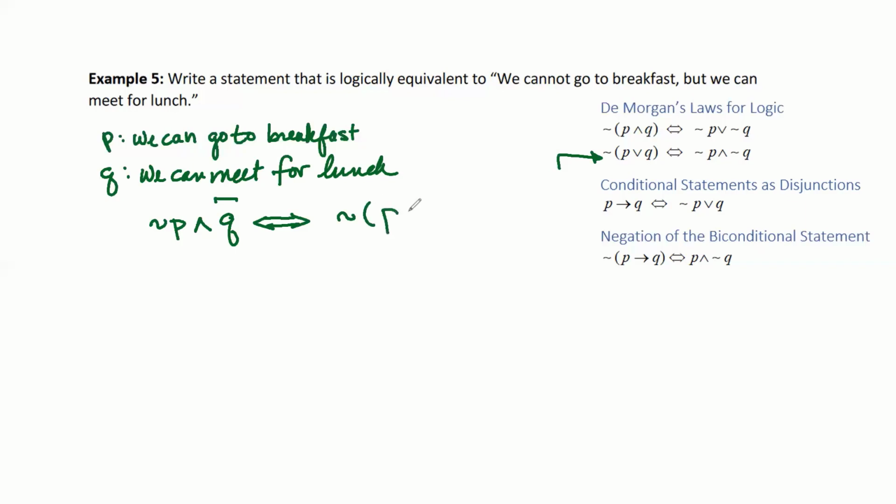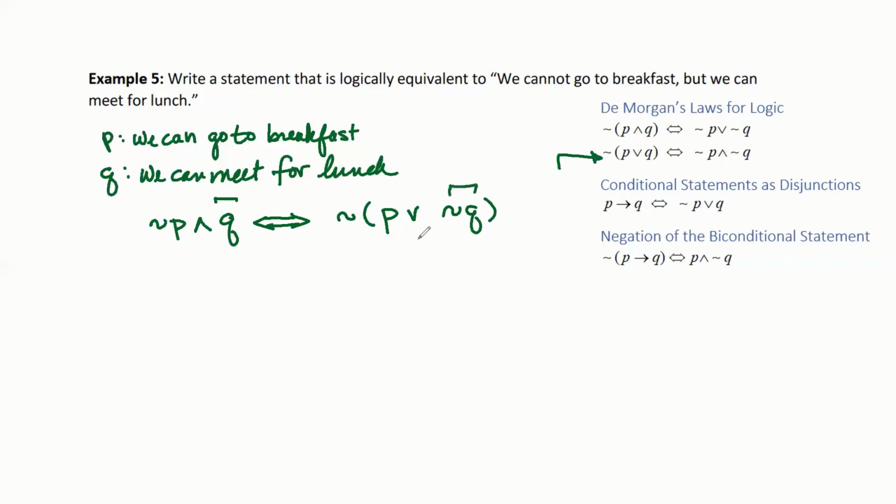P or negation Q. So we're going to take that and with the Q, where we had negation Q, and instead put the opposite here of Q, which is negation Q. So doing the opposite of both makes that okay.